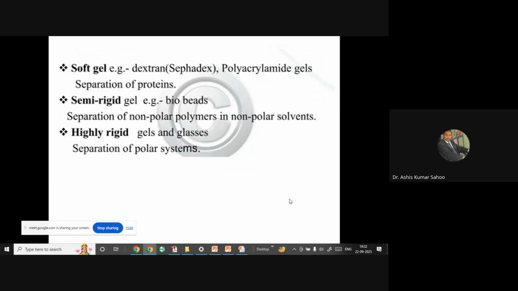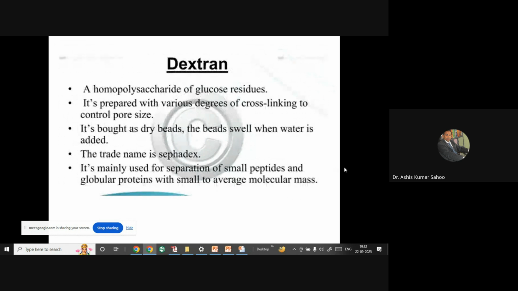Soft gels such as dextran and polyacrylamide, semi-rigid and highly rigid gels are the stationary phases used in this method. What is dextran? A homopolysaccharide of glucose.